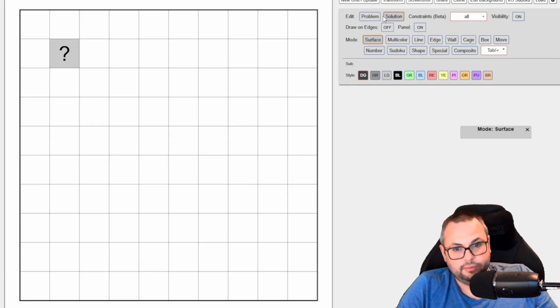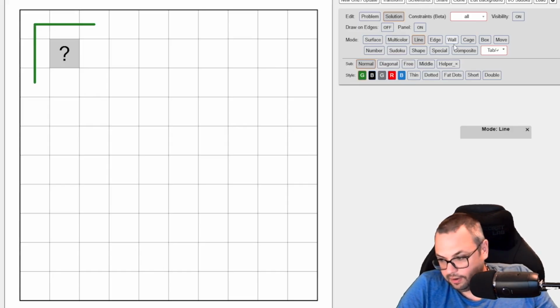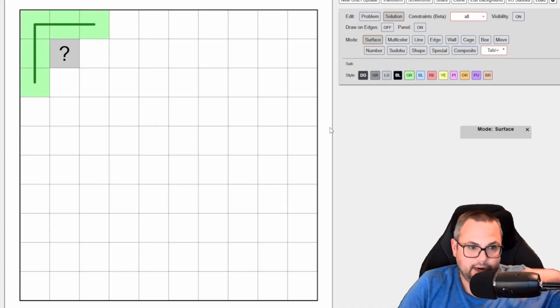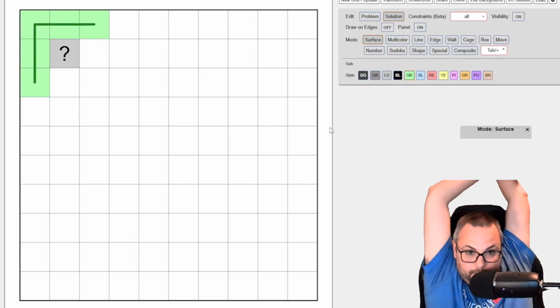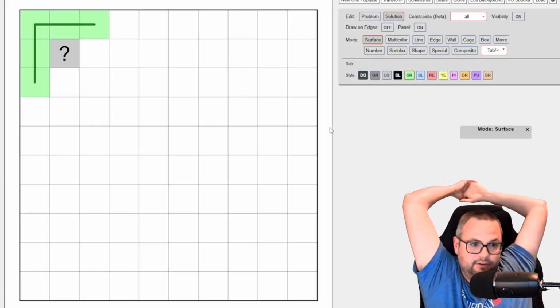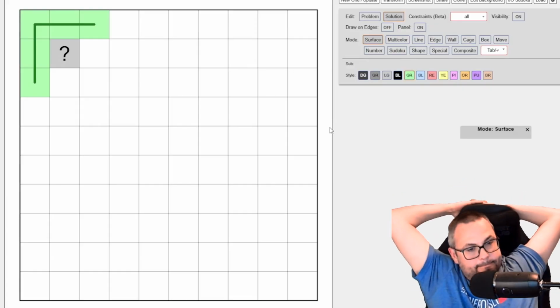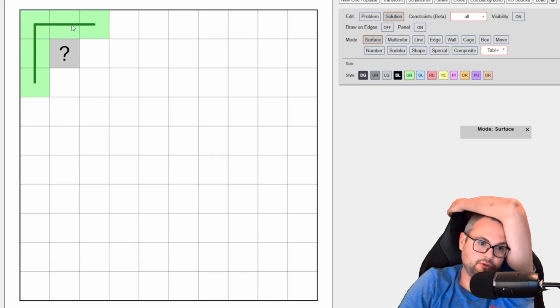And so whatever this clue is, the whole reason why I have done this is to say, okay, all of this now has to be part of the loop. Now, we probably won't make the final version in Penpa because this is not really a platform for solving Yajilin. But we'll mark the cells that we know for sure are on the loop as green, even if I don't know which way they go.